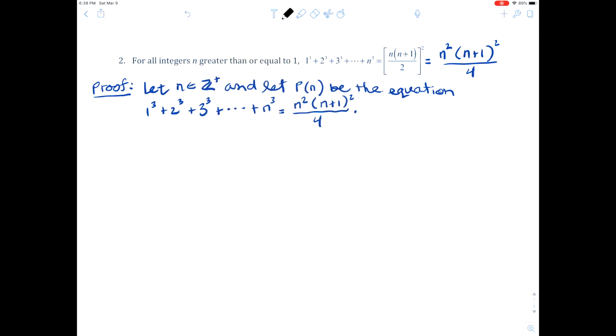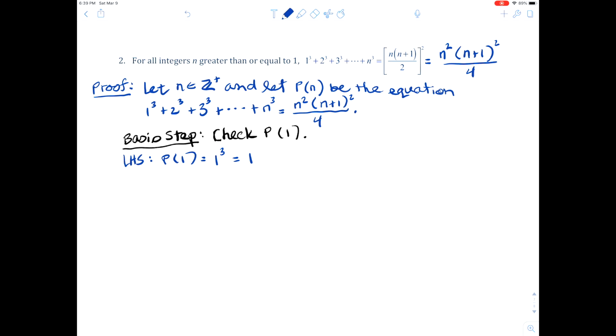And now we have our basis step. We're starting at n equal to 1. So we just need to test that. We need to check that P of 1 is true. So for our left-hand side, remember, so easy it's hard. P at 1 is 1 cubed, which is 1.